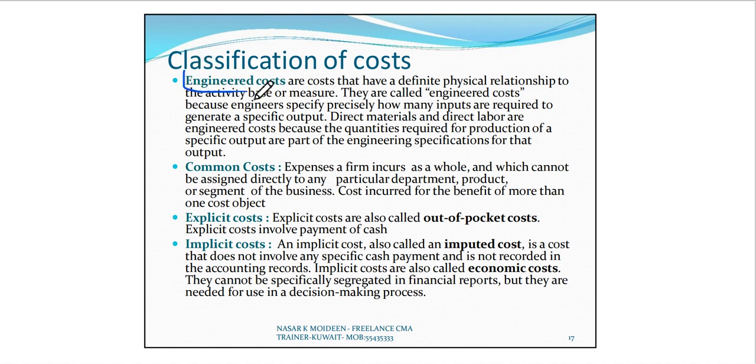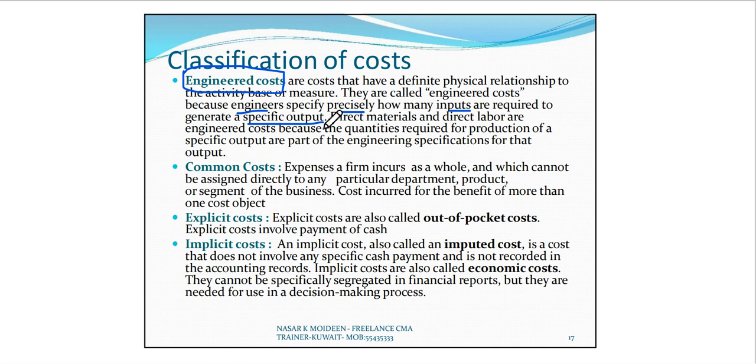Then we have engineered cost. So what is engineered cost? These are the same costs we discussed earlier, but here the term is different. They are called engineered cost. Why? Because engineers specify precisely how many inputs are required to generate a specific output. For example, direct material.